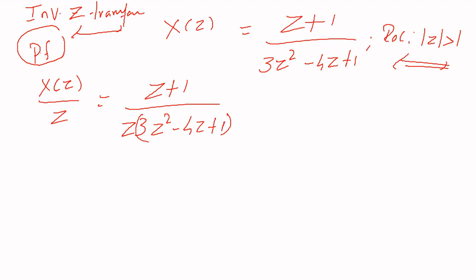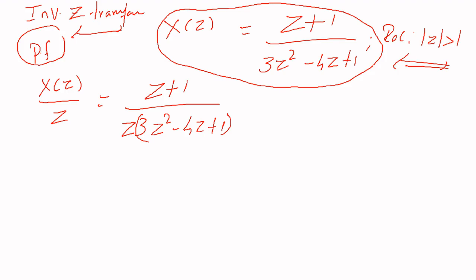As in the last problem, we make this Z transform equation into a ratio of polynomials. This is an extremely important point. Let me explain it once more.